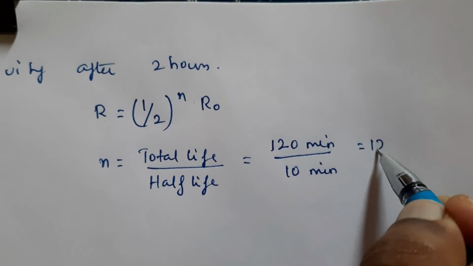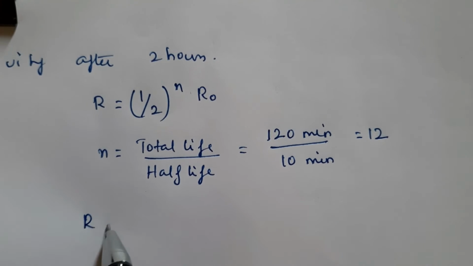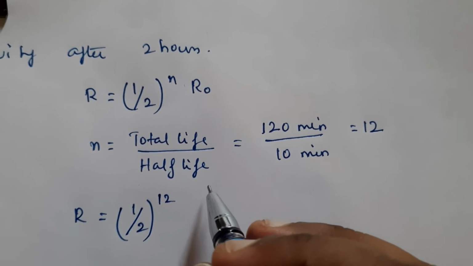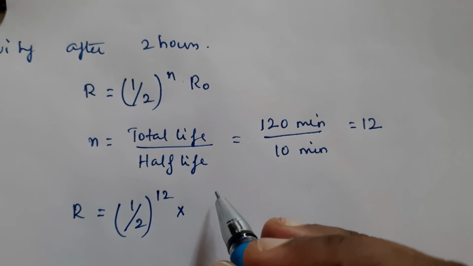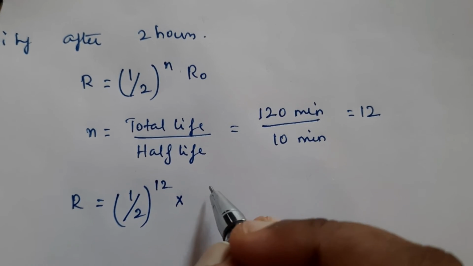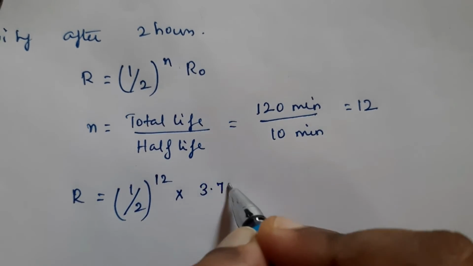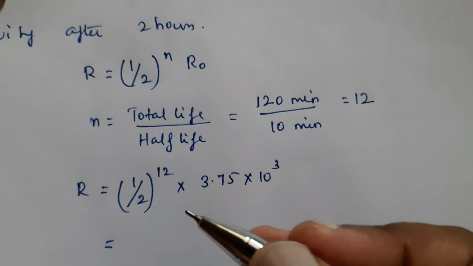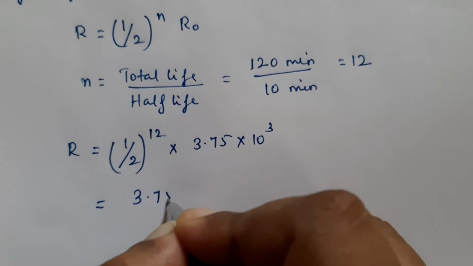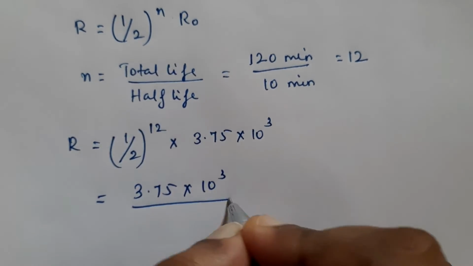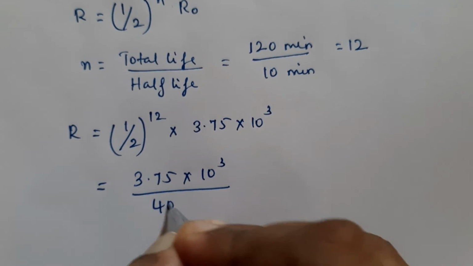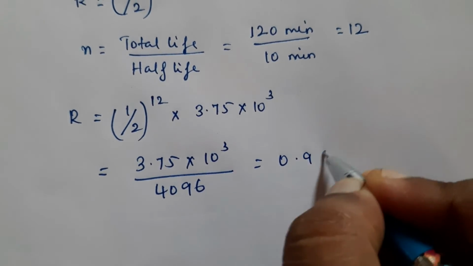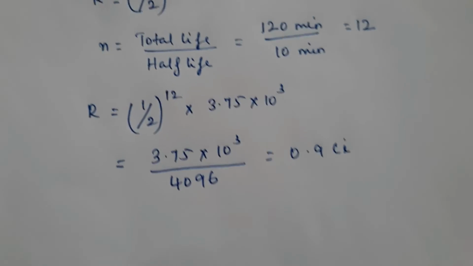So the n value is 12. So R is equal to 1 by 2 the whole raised to 12 into R0, which we calculated in curie as 3.75 into 10 raised to 3. So you get 3.75 into 10 raised to 3 divided by 4096, since 2 raised to 12 is 4096. If you divide this, you will get 0.9 curie.